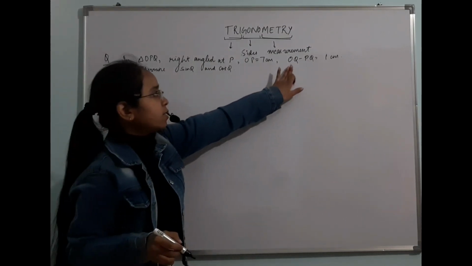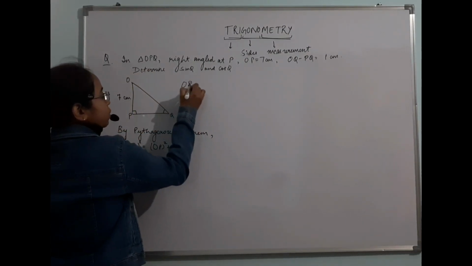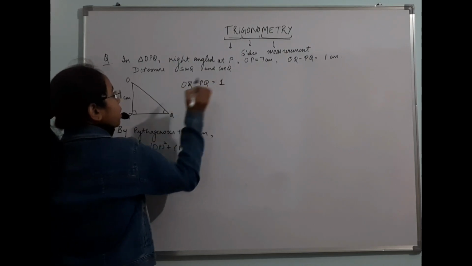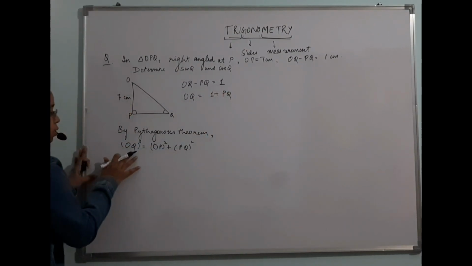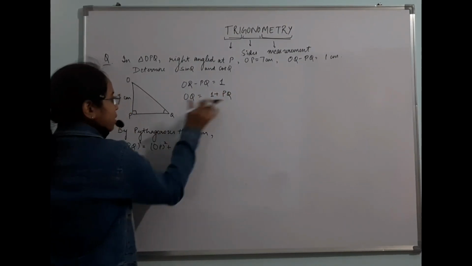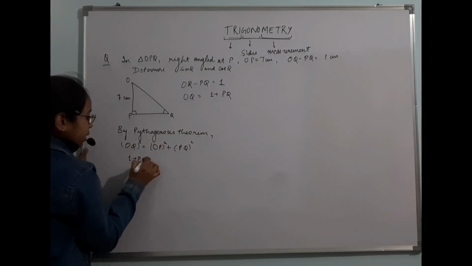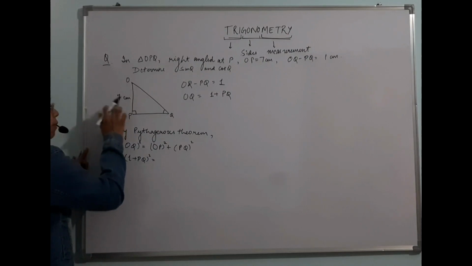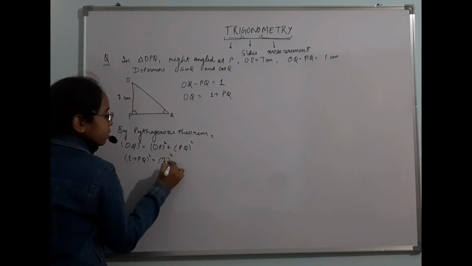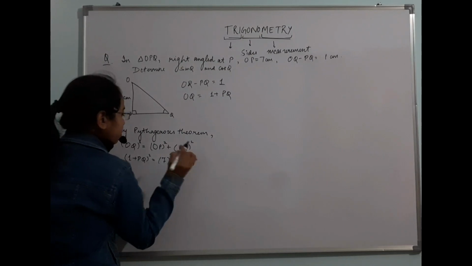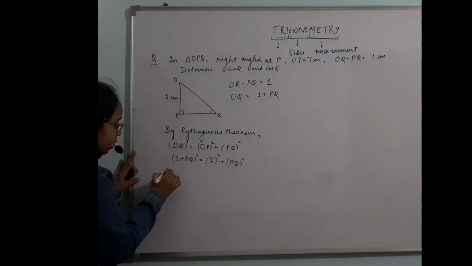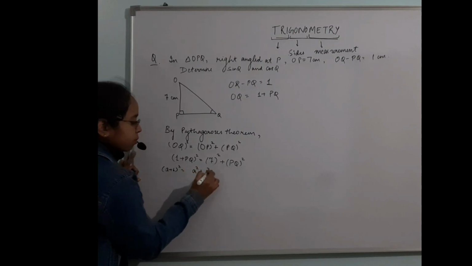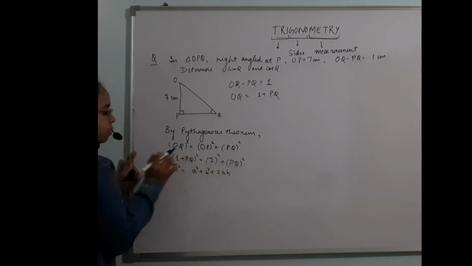And the relation we are given is OQ minus PQ is 1. From here we can write OQ as 1 plus PQ. So here we will replace OQ with 1 plus PQ. 1 plus PQ whole square equals OP, which is given, 7 square plus PQ square. Using the identity A plus B whole square equals A square plus B square plus 2AB, we can apply it for this bracket.